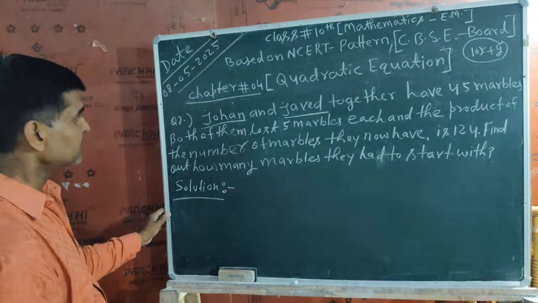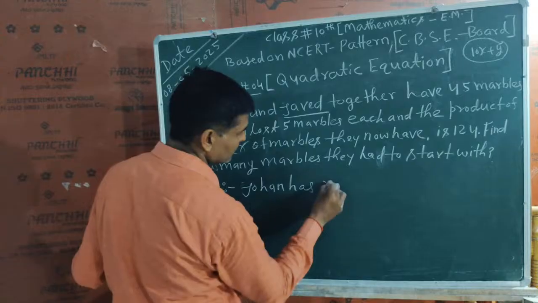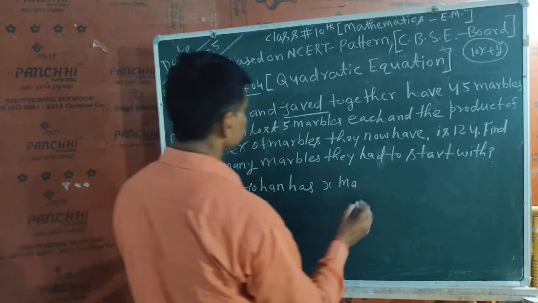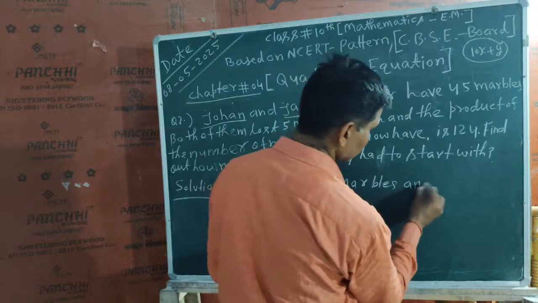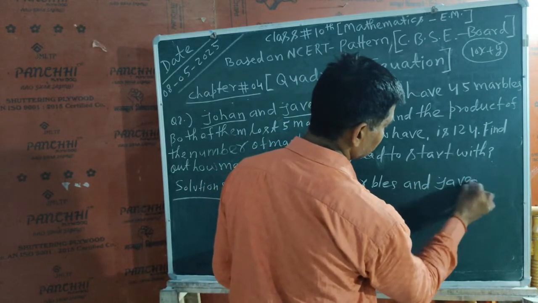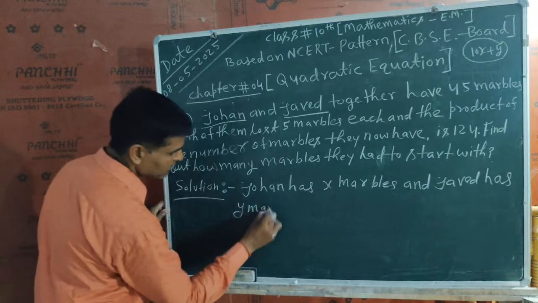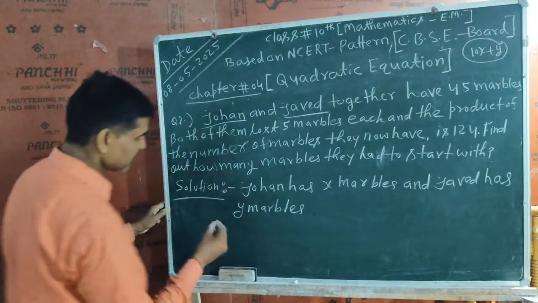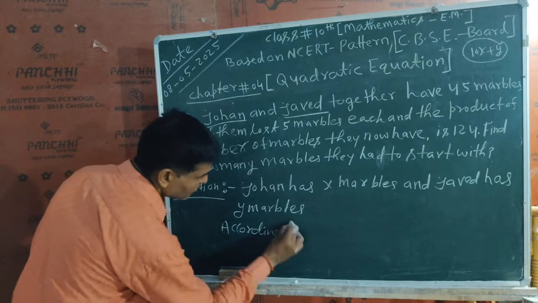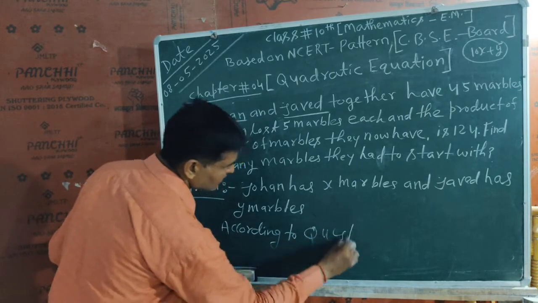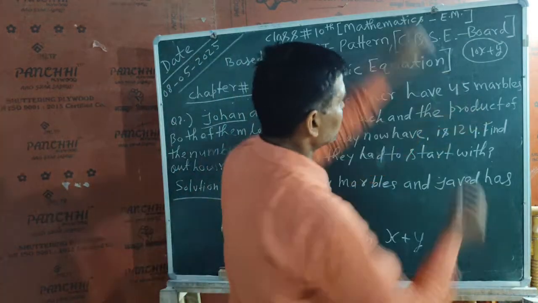Okay student, so first of all here I will write the information. Johan has X marbles, and Javed has Y marbles. According to the question, I have to write here x plus y, which is given here as 45 marbles.